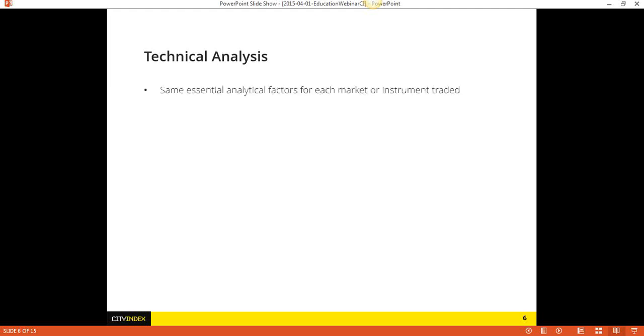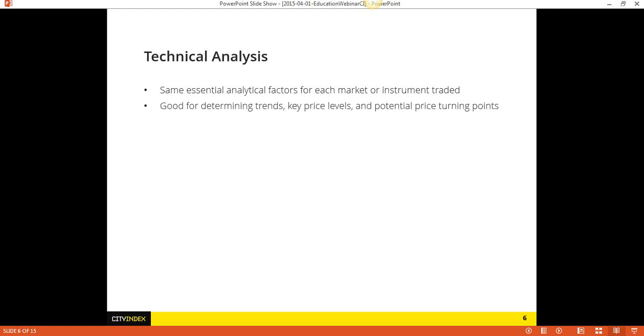So just very quickly about technical analysis, you have the same essential analytical factors for each market or instrument traded, and those tools and techniques are all on the charts. Technical analysis is good for determining trends, key price levels, and potential price turning points.